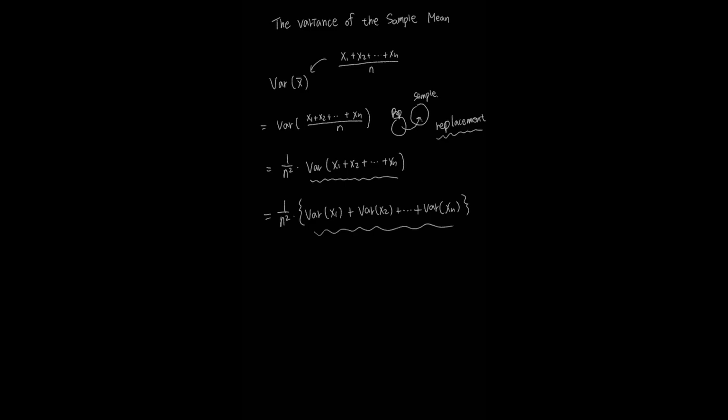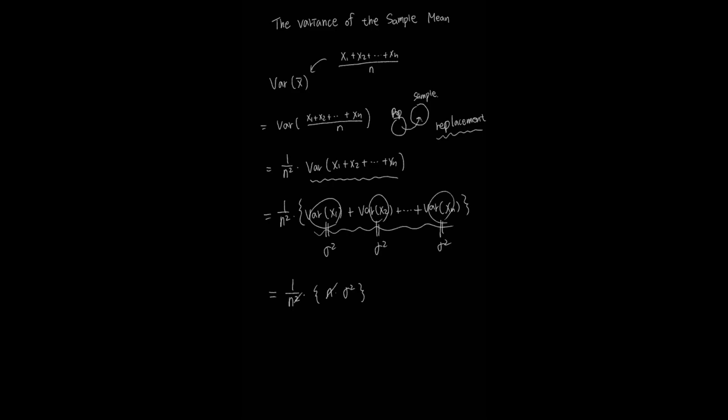Again, each of these is the same as the variance of the population because it's one element each. So it'll be 1 divided by n squared times n copies of the population variance.